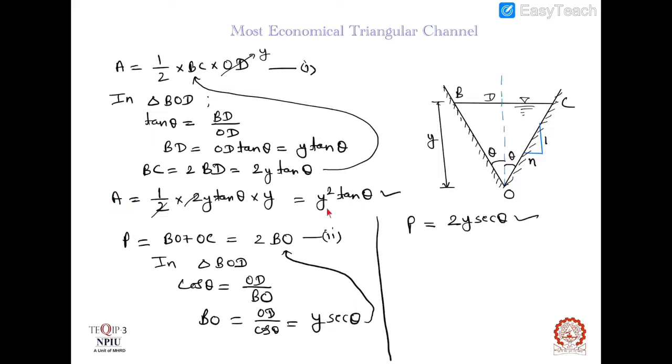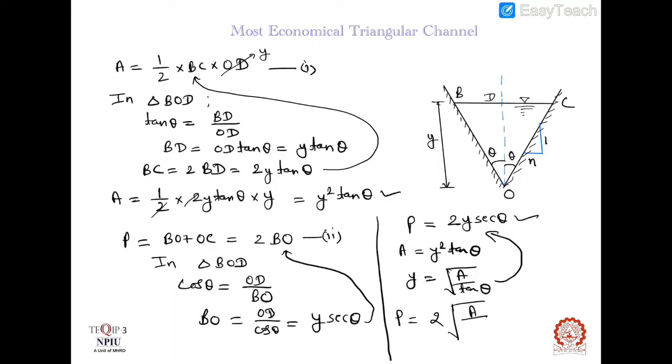If you find the value of y in terms of area of flow and theta, we have A is equal to y square tan theta. So y will be root over A divided by tan theta. Substitute this y value in this perimeter, then we will have 2 root over A divided by tan theta into sec theta.